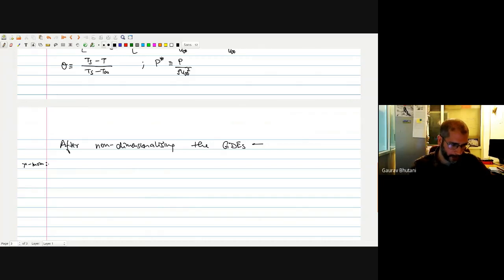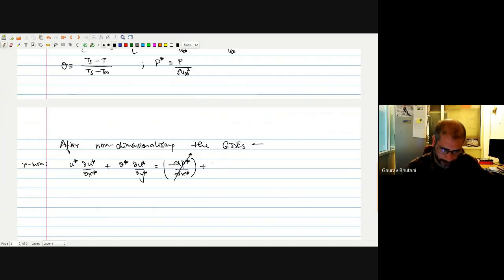So the x momentum equation becomes, so I'm including the pressure term here, but again, this is 0 in this particular case. Okay, so this is what we get.